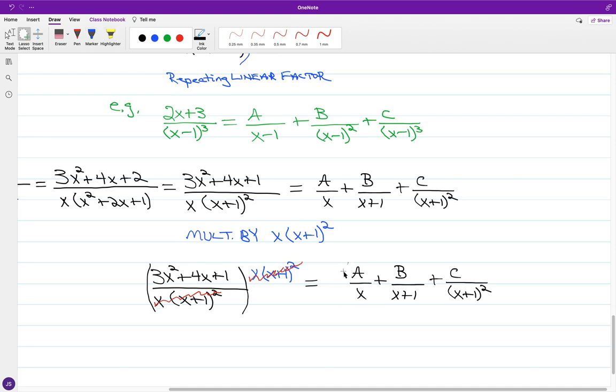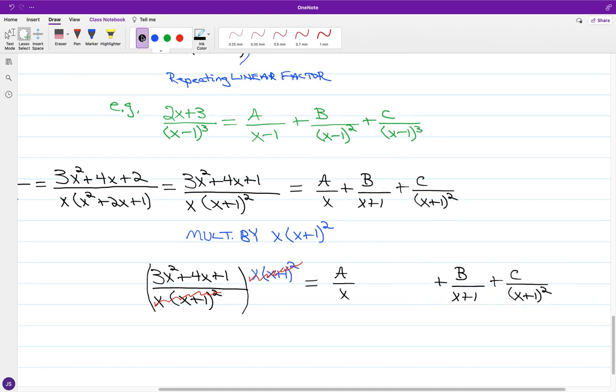So you have A over x. Let's create a bit of room here. With A over x, multiplying this by x and the square of x plus 1, x is going to be eliminated, but you have the square of x plus 1 to remain.